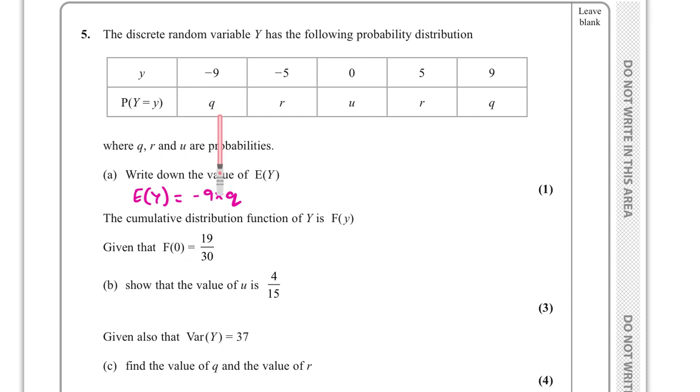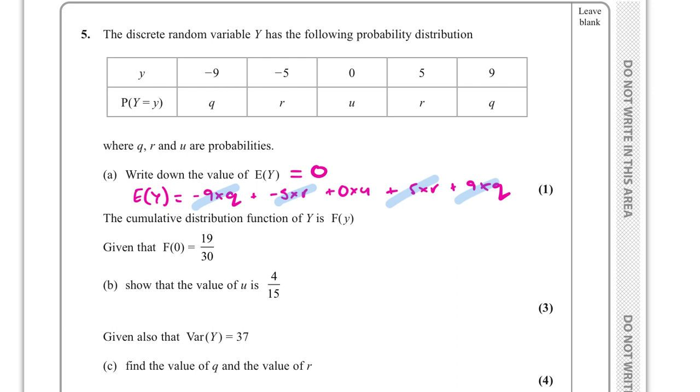Remember, we're doing this times this, plus this times this, plus this times this, etc. So, plus minus 5 times r, plus 0 times u, plus 5 times r, plus 9 times q. Now, what do we notice? These are going to cancel, these are going to cancel. 0 multiplied by u is in fact 0. So 1 mark for that.